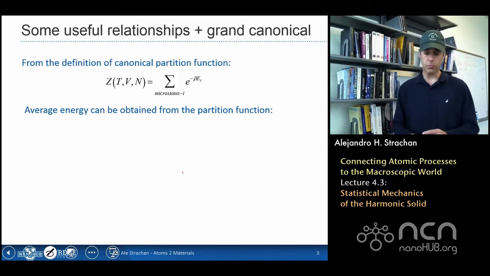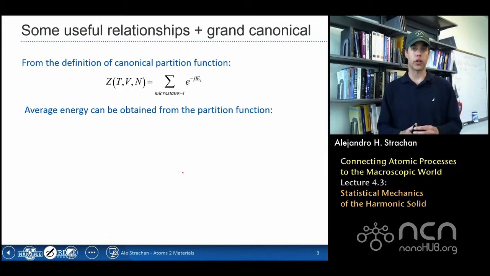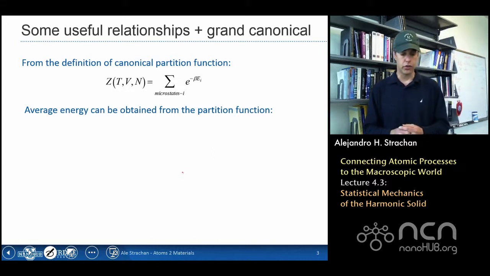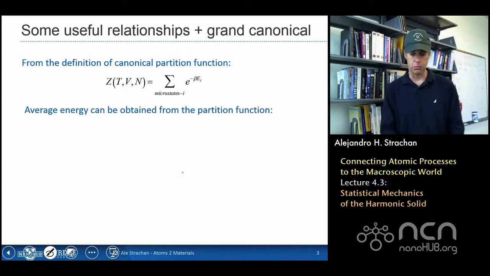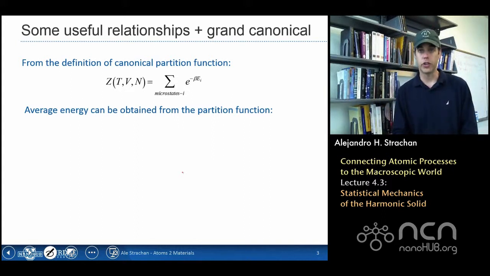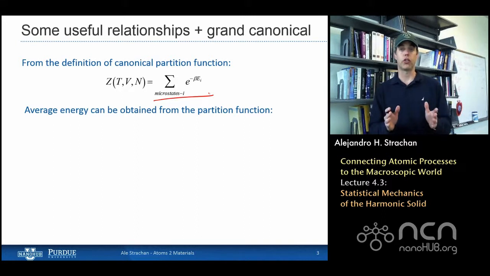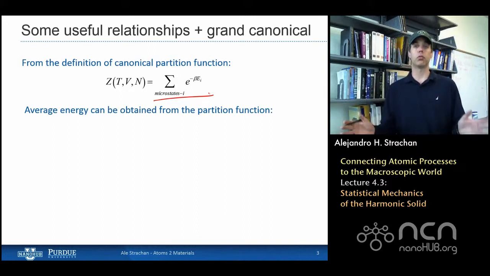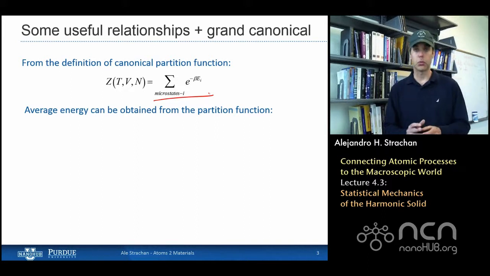There are a few more results that I'd like to highlight about statistical mechanics that are going to be useful for the next few lectures. One of them is that in the canonical ensemble, from the definition of partition function that you see here, remember the partition function is a sum over all possible microscopic states of the Maxwell-Boltzmann weight.